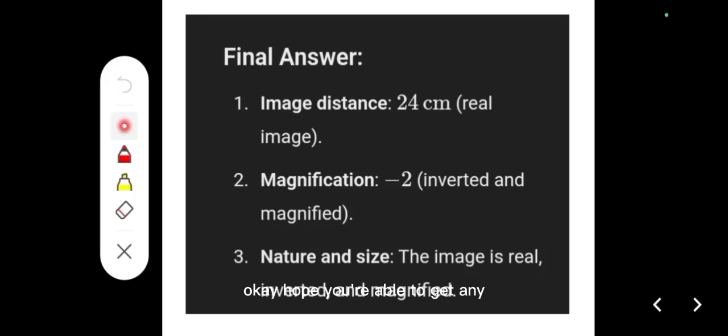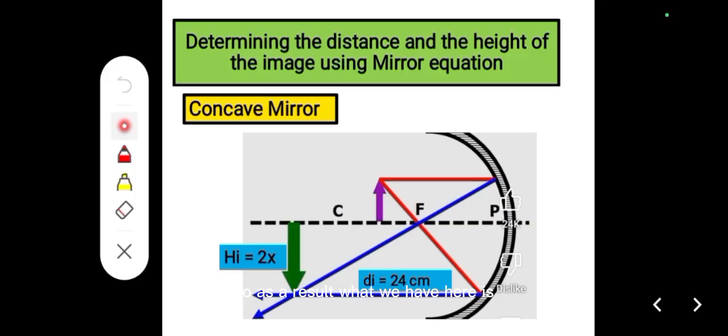Okay, I hope you're able to follow the discussion about the ray diagram for concave mirror and image formation. As a result, we have the image distance of 24 centimeters, and the height of the image is twice the size of the object.